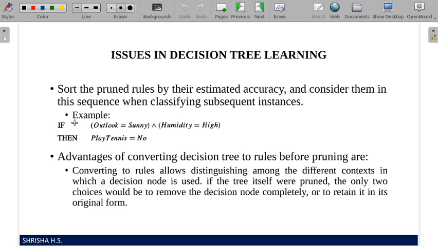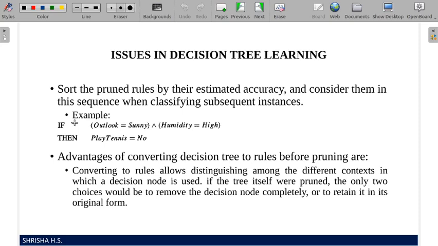But for classifying it as yes, we may need outlook equal to sunny and humidity equal to normal, so we may need more information. To classify it as no, we need less information. To classify it as yes, we need more information.